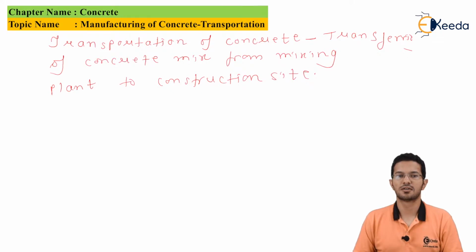The main objective in transporting concrete is to ensure that the water-cement ratio, the slump or consistency, air content and the homogeneity are not modified from the intended state. The concrete produced from a mixer is required to be transported to the forms for placement.